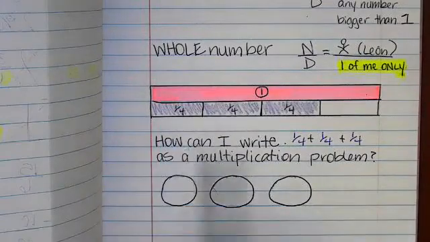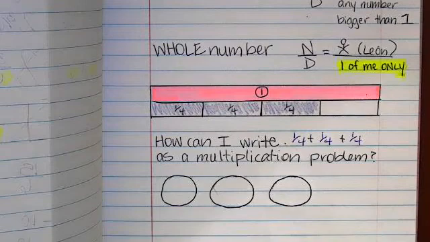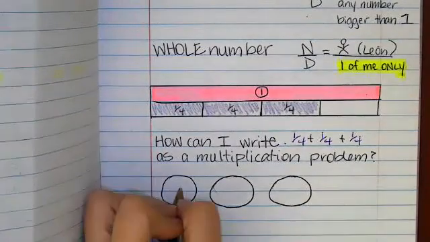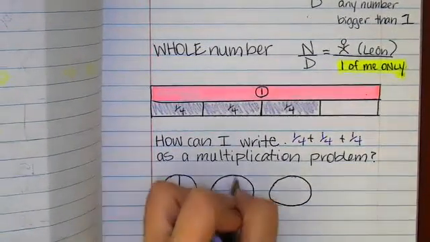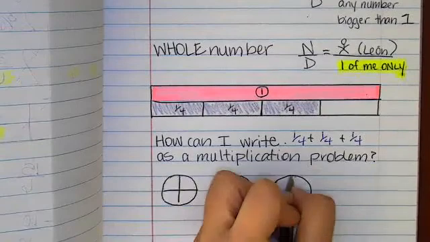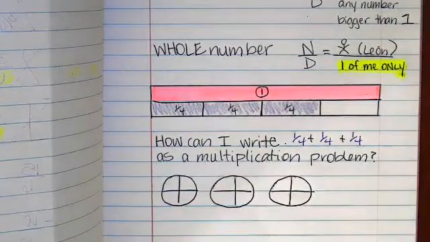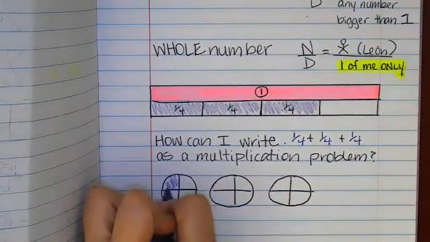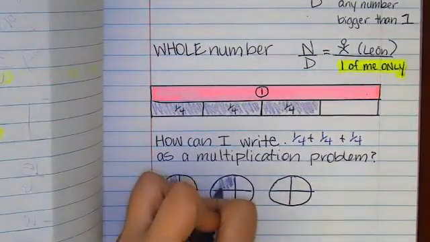To do this, I'm going to remodel my 1/4 in a slightly different way. Right here, I have 1/4. I'm going to break each one of these circles into fourths, because I want to show the unit fraction against a whole circle.